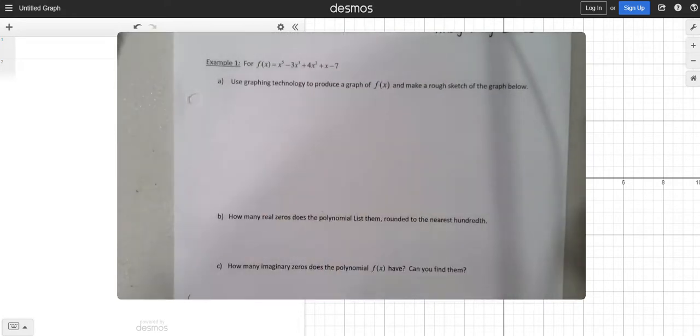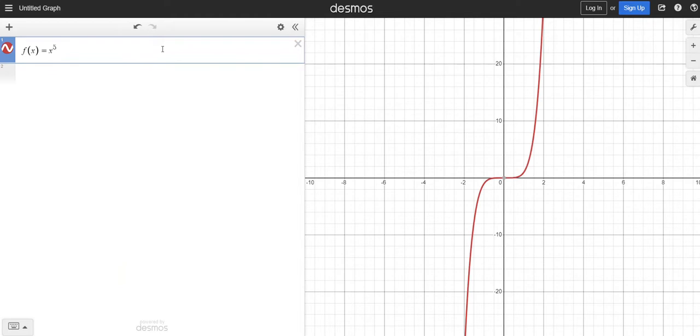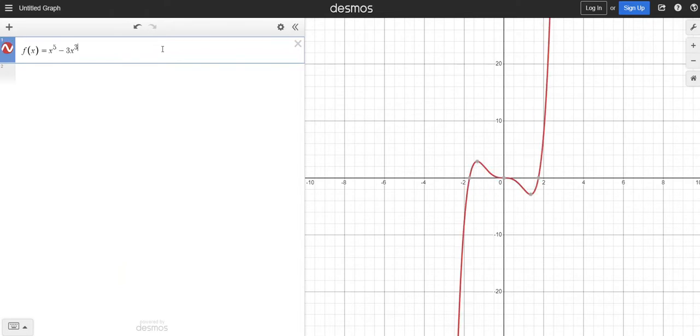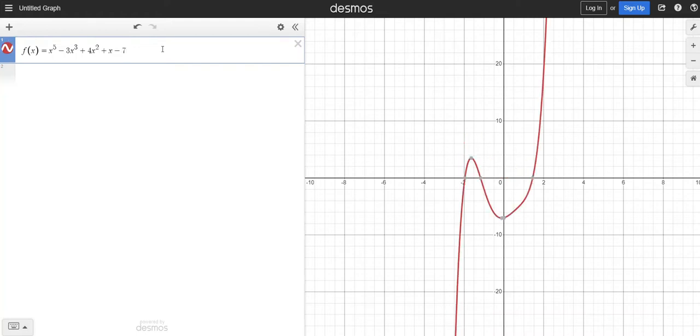So here we go. I'm going to pop over here to Desmos and graph this. X to the fifth minus 3x cubed plus 4x squared plus x minus 7. Did I get everything there? I think so.